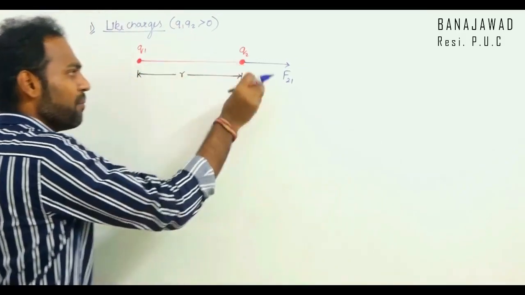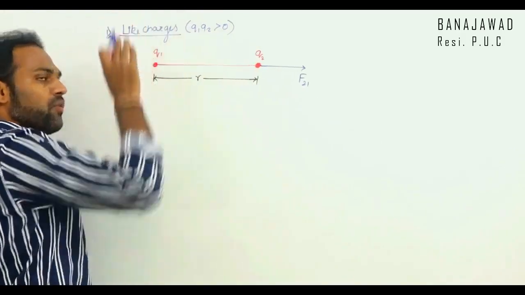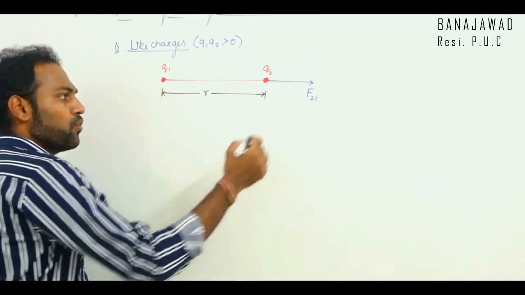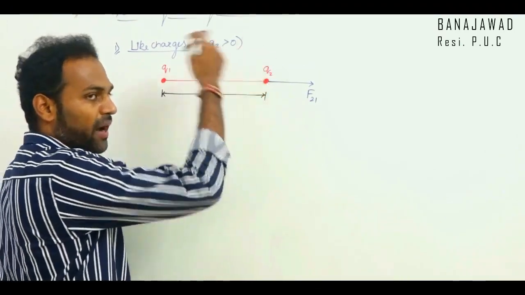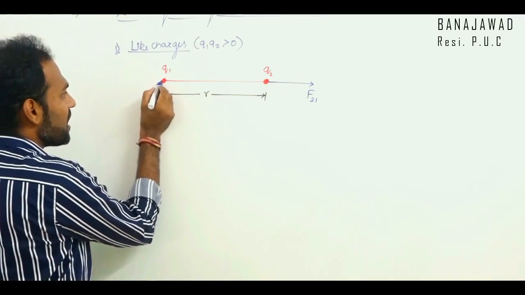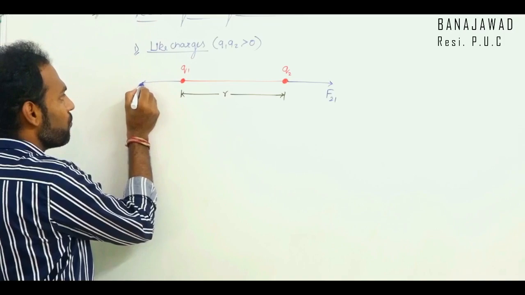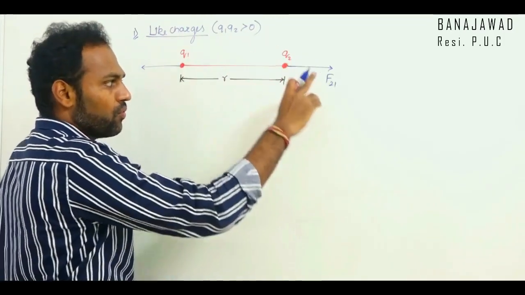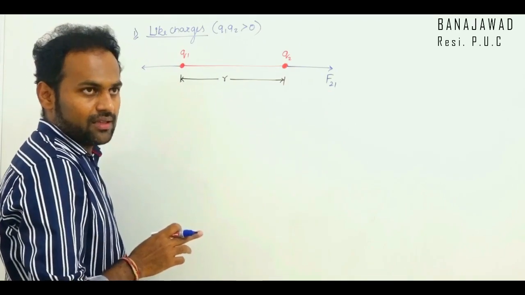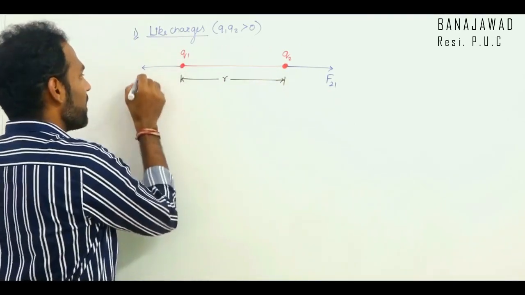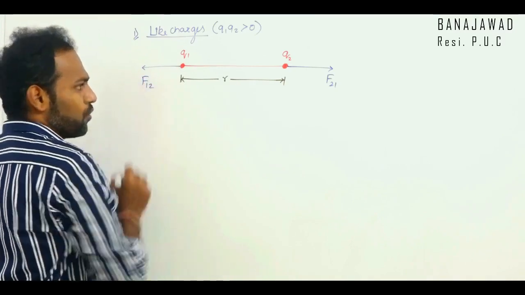Similarly, the same equal force will act on Q1. They will be an action-reaction pair. Q1 applies a force on Q2, which is named F21, and there will be an equal and opposite force acting on Q1 due to Q2, which I will name F12.